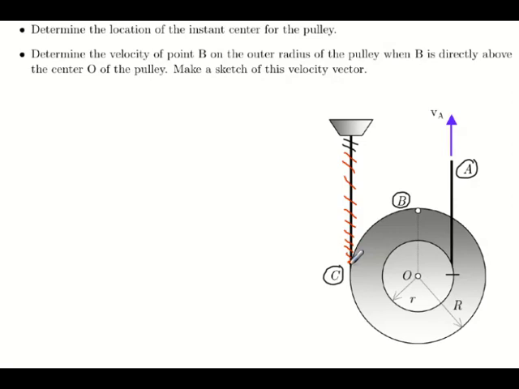Once we drop below there and we look at the cable wrapped around here, these points do have non-zero velocities. But C, being that cable doesn't slip on a pulley, has to be the instant center for the pulley. That's a very key observation.